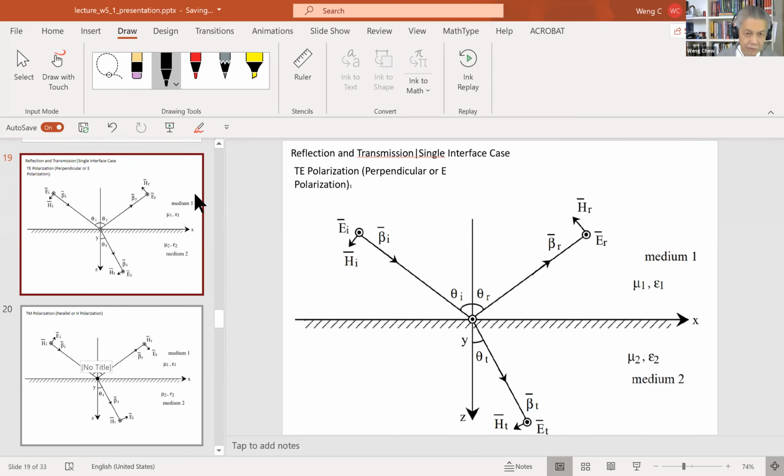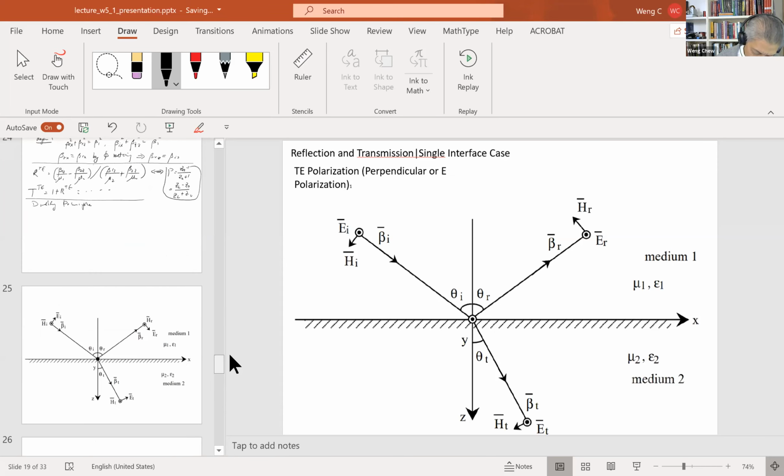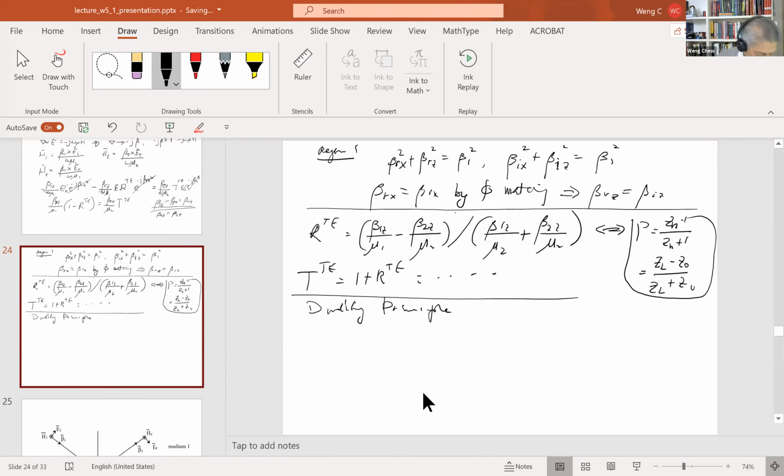The first problem is for TE polarization. So you can obtain the solution for TM polarization right away. You can apply the duality principle and get the solution for RTM.